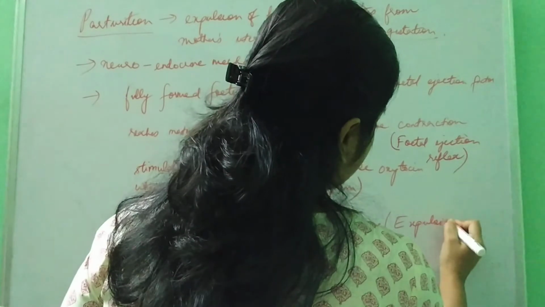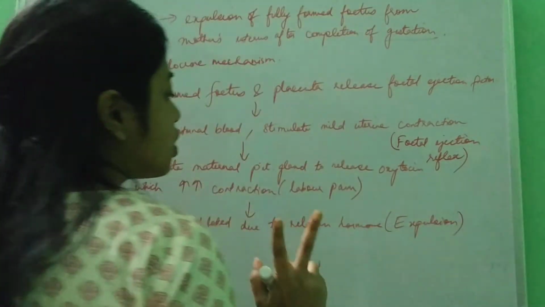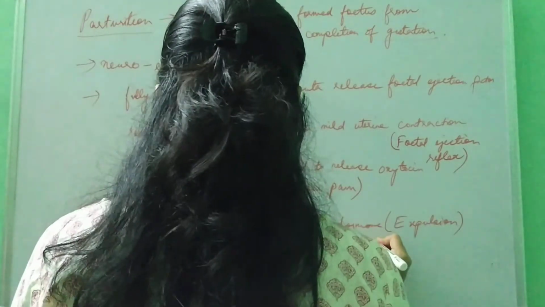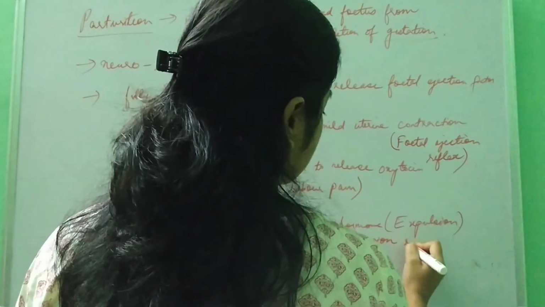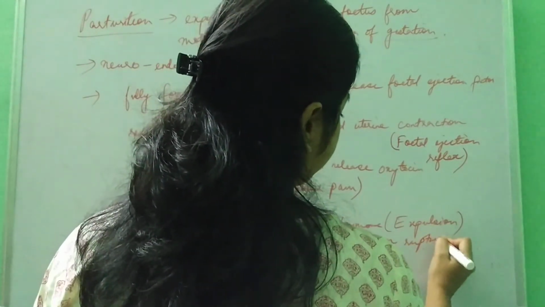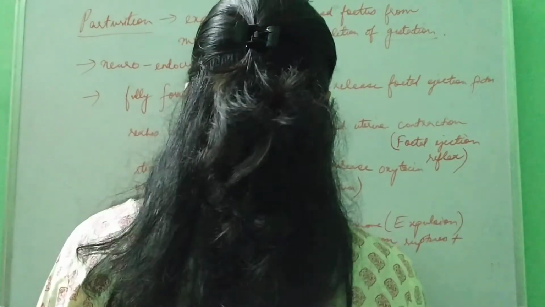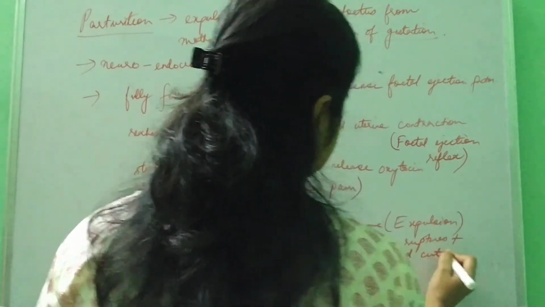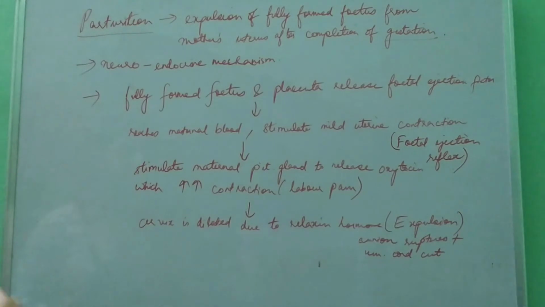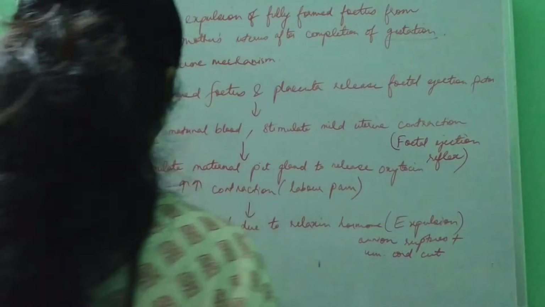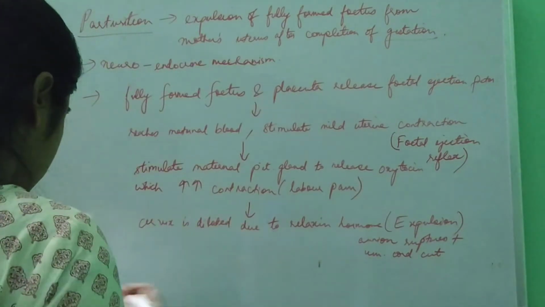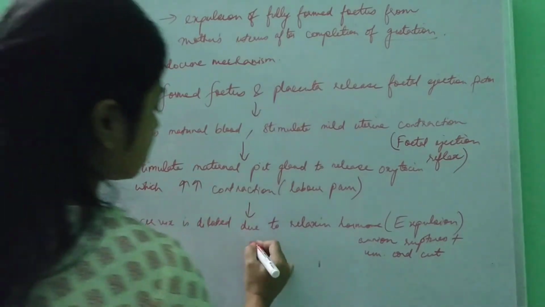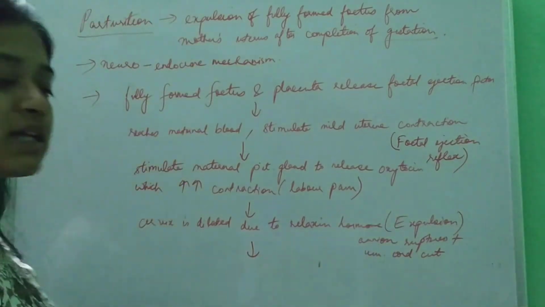So during expulsion, two things will go. One is amnion ruptures and the umbilical cord is cut. Expulsion means the baby has come out.